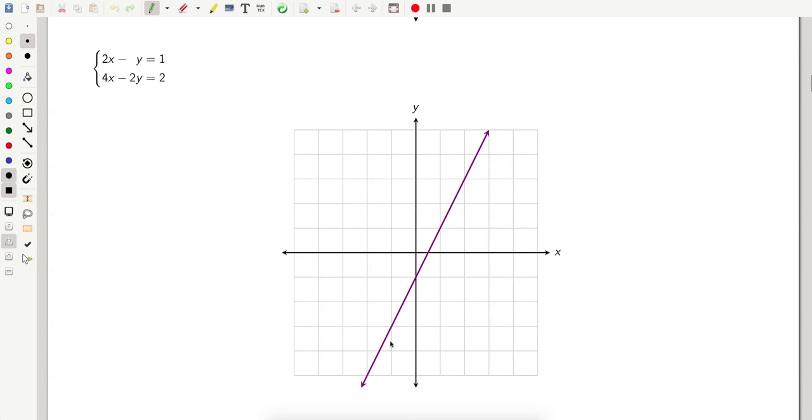Then we get the same line twice, one line on top of the other, so we have an infinite number of intersections. Any point that makes the first equation true will automatically make the second equation true. For instance, take the point (0, -1). 2 times 0 minus -1 does give us 1, and 4 times 0 minus 2 times -1 also gives us 2. So any point that works on the first line automatically works on the second.